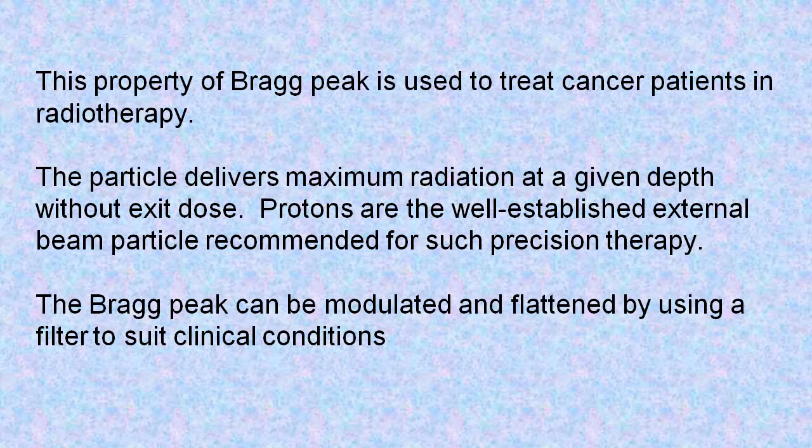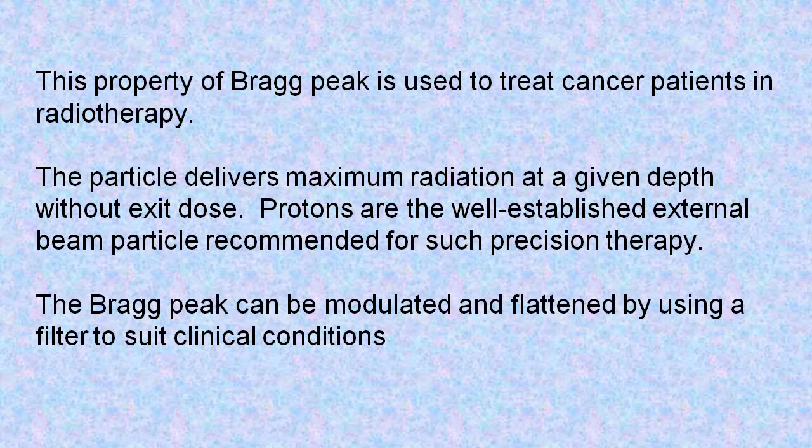So, for example, if the cancer cells are at a depth of say 2 centimeters, you have to adjust the position of the Bragg peak at a distance of 2 centimeters. Up to that, the specific energy loss will be much smaller.